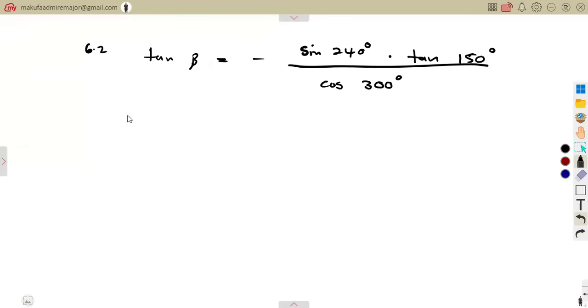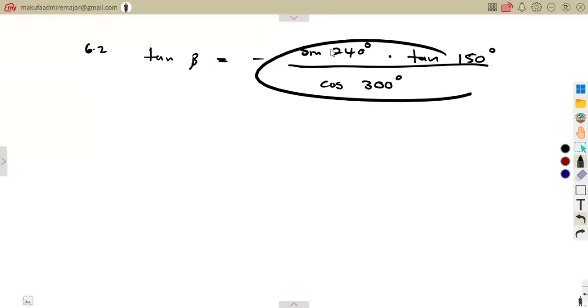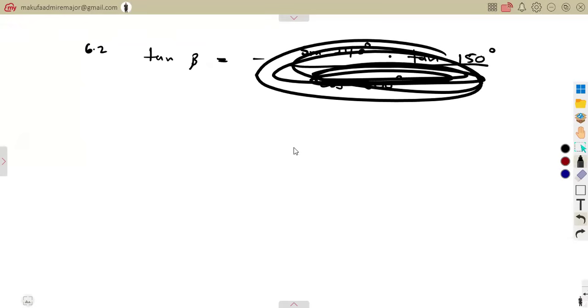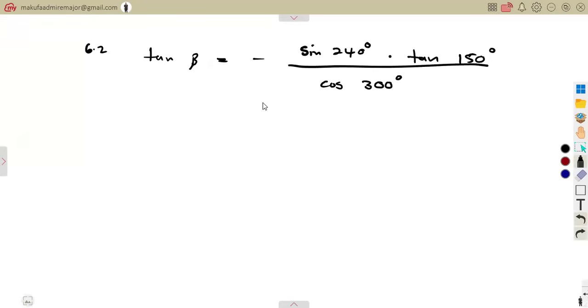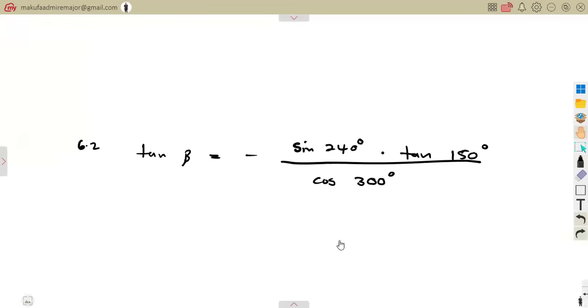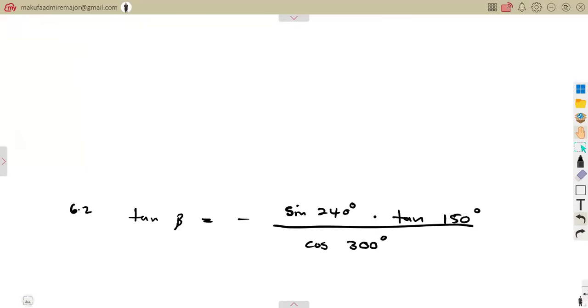So they told us we are supposed to solve for beta, but before that, first reduce these into acute angles, then use special angles. They are telling you what to do. So we need to reduce this.